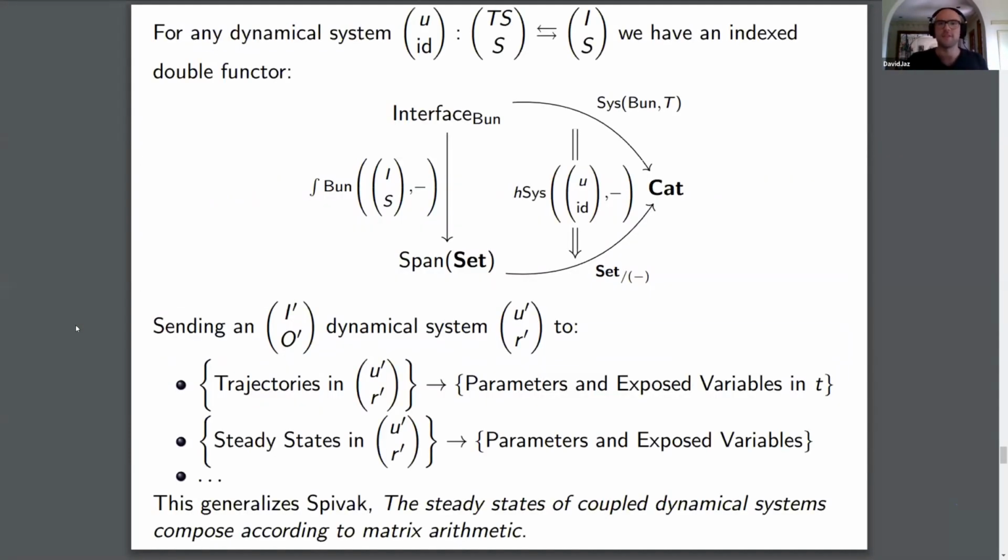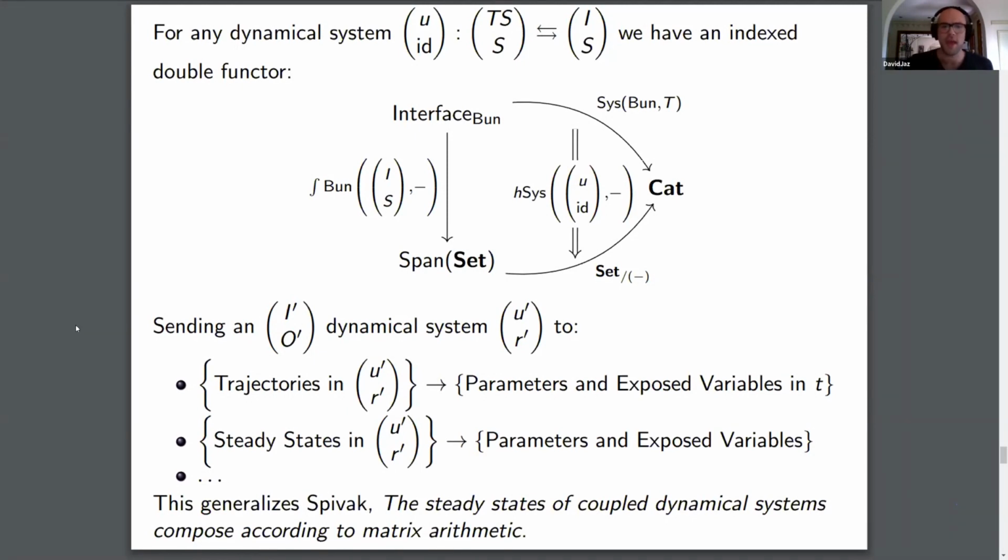So here's the main theorem: for any dynamical system which exposes its entire state, we have an indexed double functor, which I call the representable double functor, into spans of sets. In this indexed double category of spans of sets, it sends every set to the slice category.